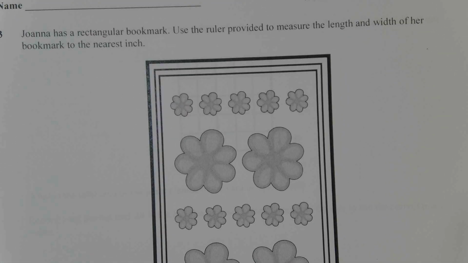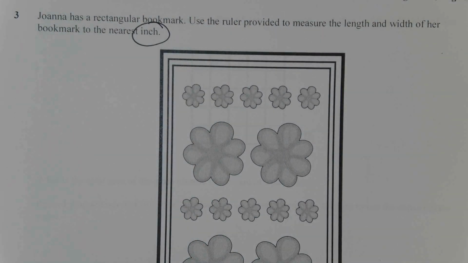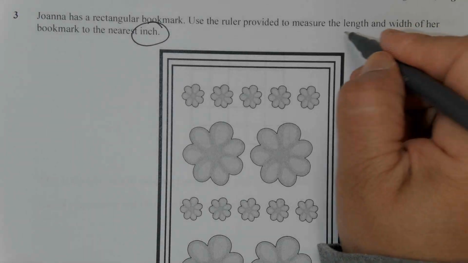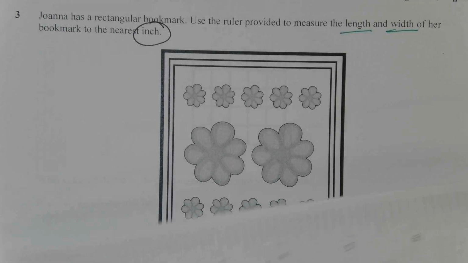Number 3, Joanna has a rectangular bookmark. Use the ruler provided to measure the length and width of her bookmark to the nearest inches. So we're finding the length and the width of the bookmark in inches. So make sure you're using the correct side.